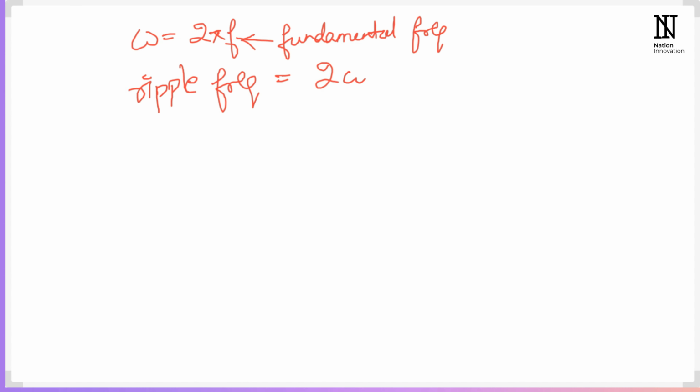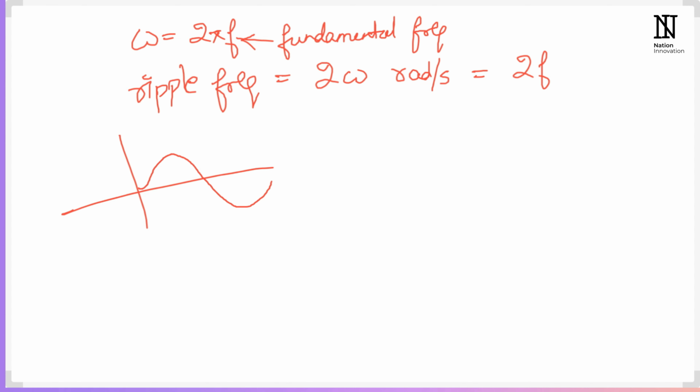Ripple frequency is 2 omega radian per second, or you can say 2f, because for one input cycle the output will be present only for the positive cycle.